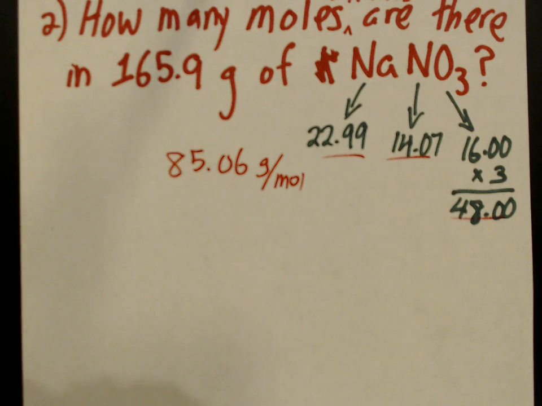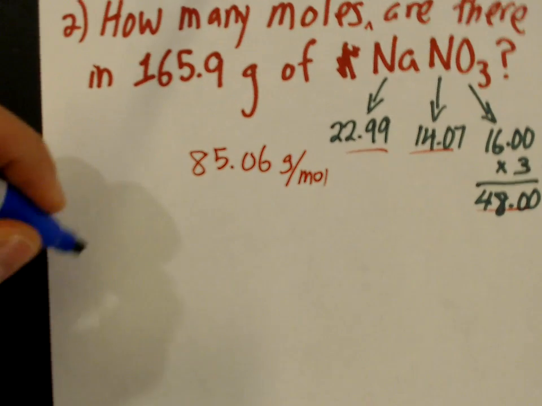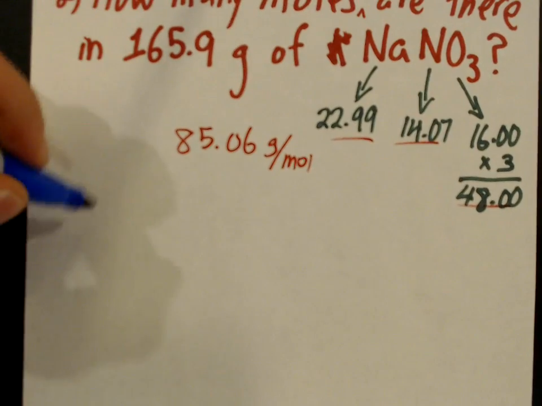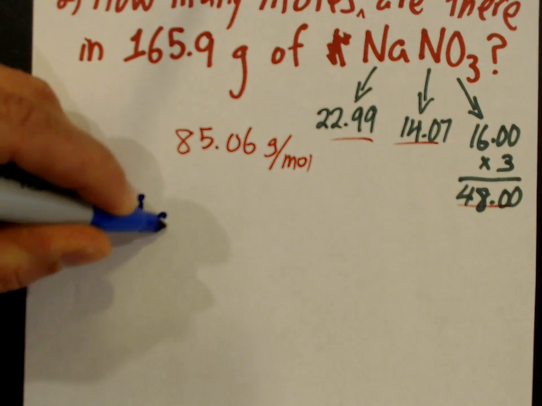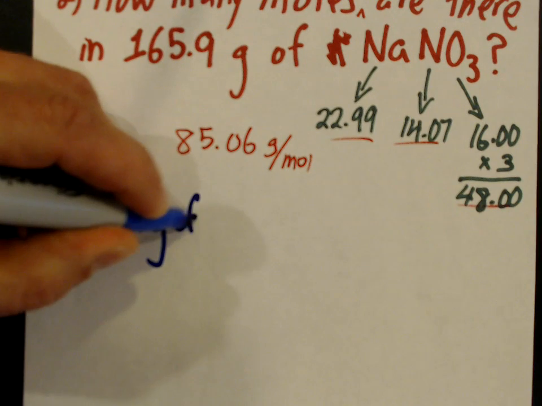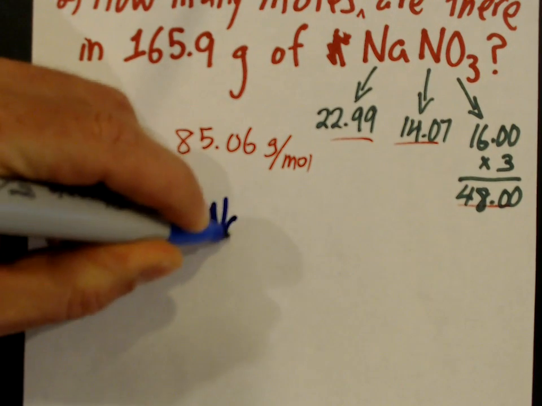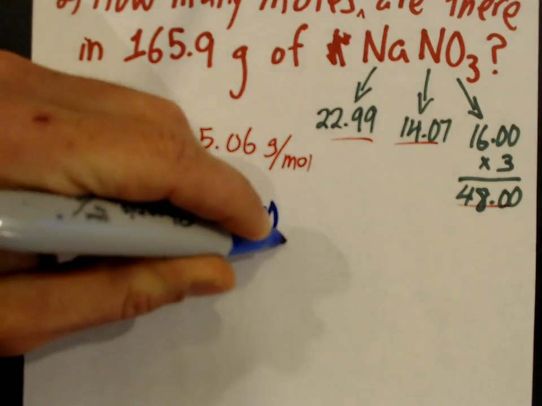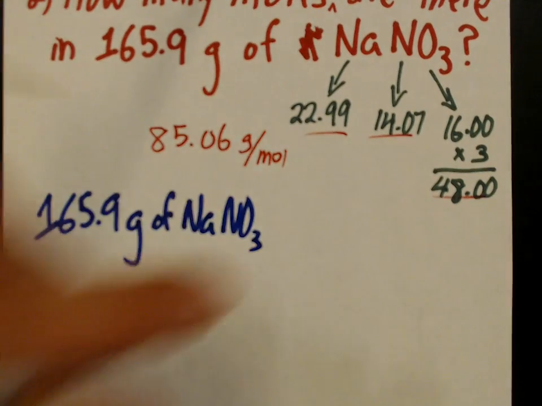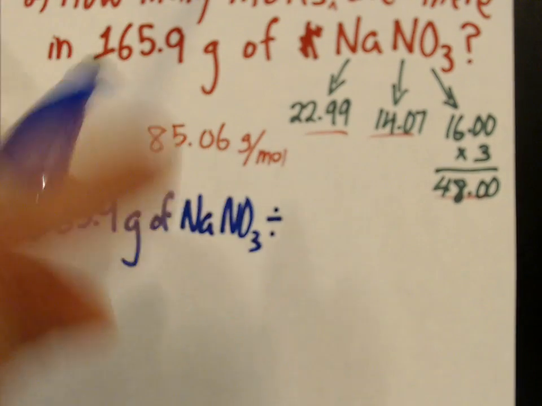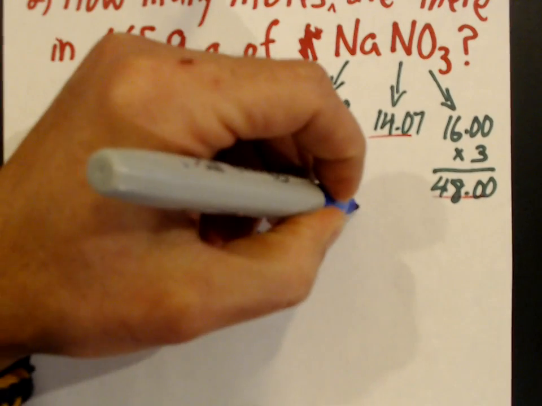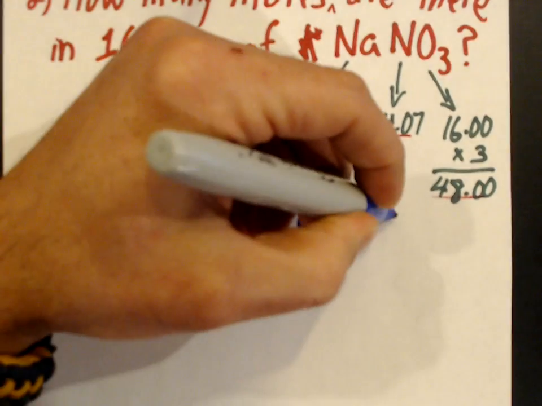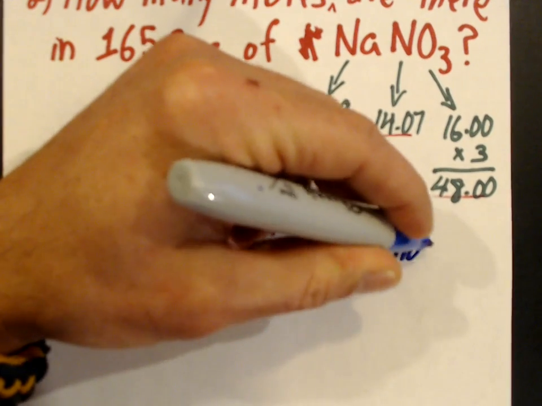Be very careful. The mass given in the problem is 165.9 grams. Again, I'm going to keep the substance nearby. It's a good habit. We're going to divide that by the formula mass, 85.06 grams per mole.